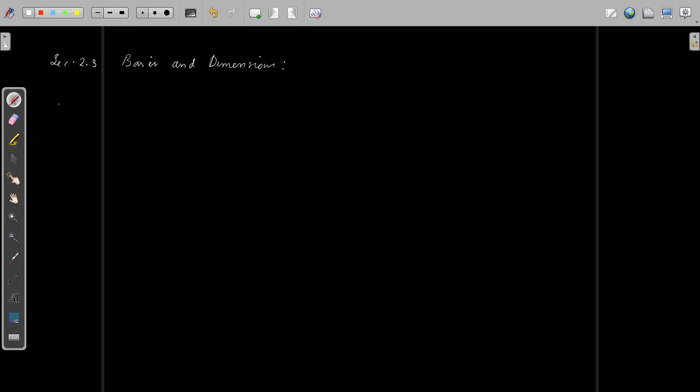So first we define a linearly dependent set. Let V be a vector space over F. The corresponding field is F. And S be a subset.